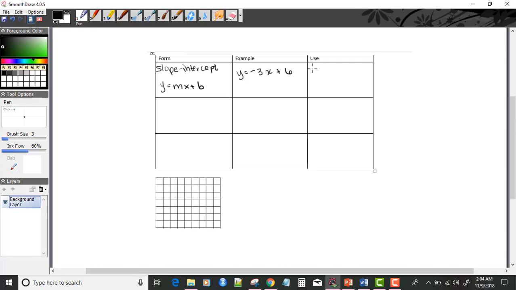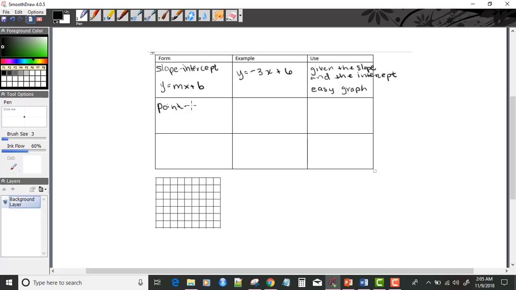And I would use slope-intercept form if you are given the slope and the intercept and asked to write an equation. I also think it's easy to graph when it's in this form because you start with the y-intercept and then you can use your slope to create another point.